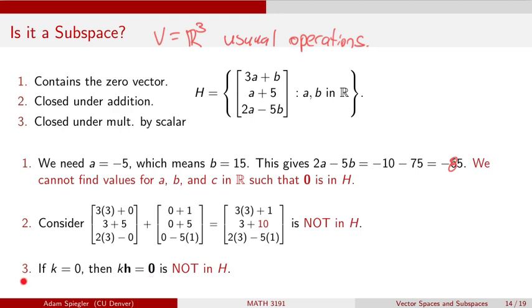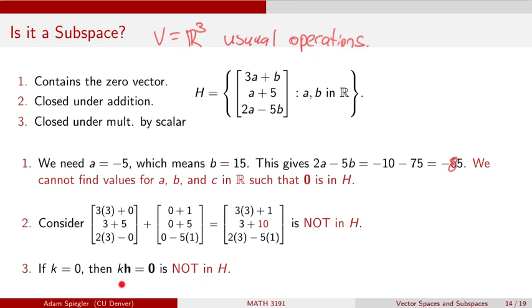So here what you can see is if I want to show that these properties do not hold, like closed under addition or closed under multiplication by a scalar, then I just need to pick one such counterexample, because this needs to be true for all vectors in H and all possible scalars. So if I can show that there exists just one scalar, such as k equals 0, that violates this property, then that's enough.